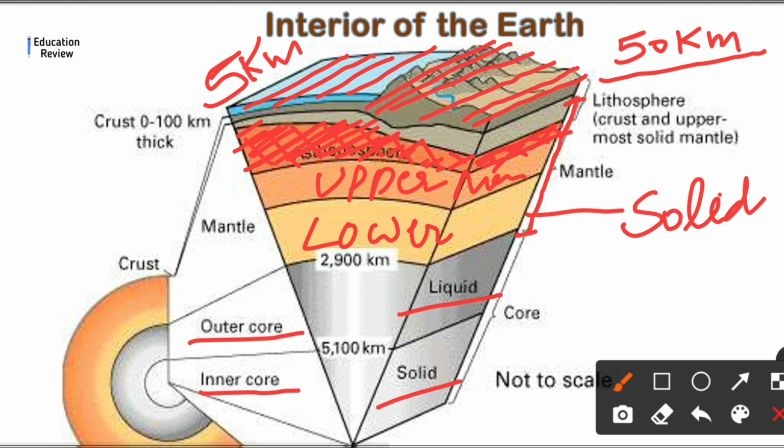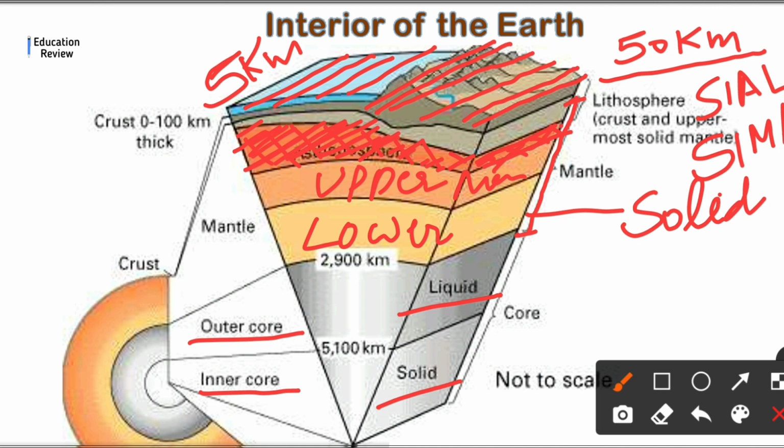Because the continental crust is made up of less dense material which is called SIAL, and oceanic crust is made of SIMA, which is denser than SIAL.